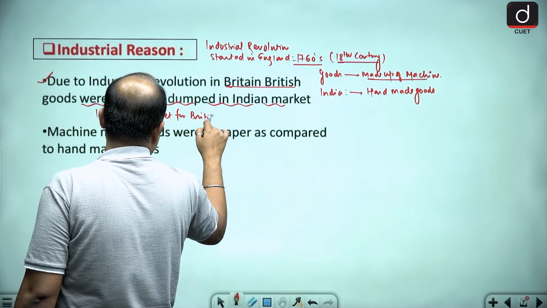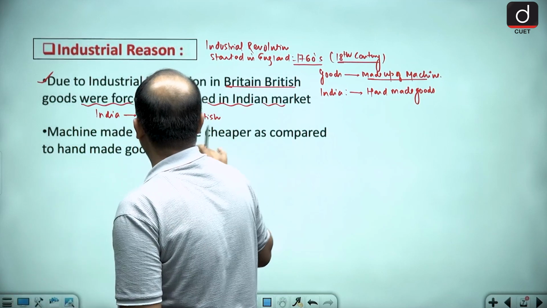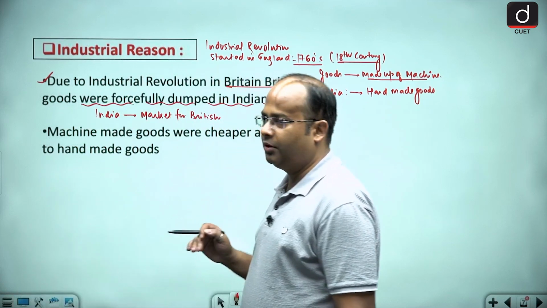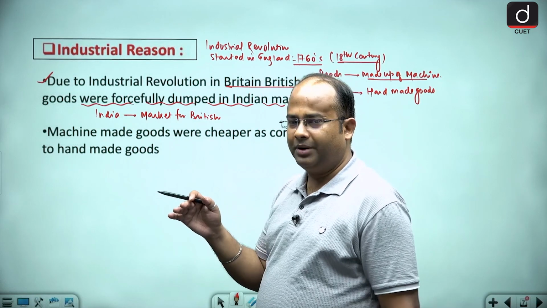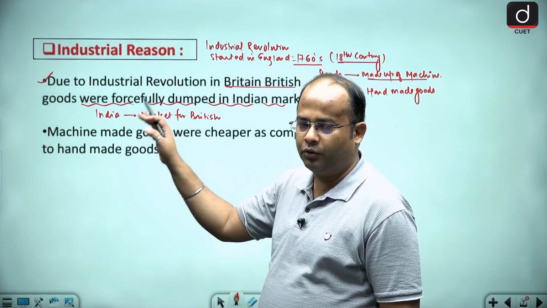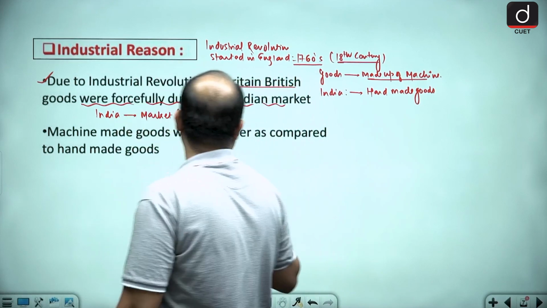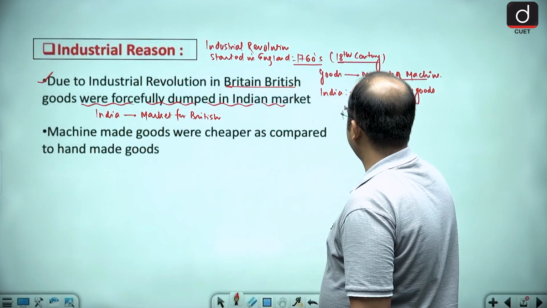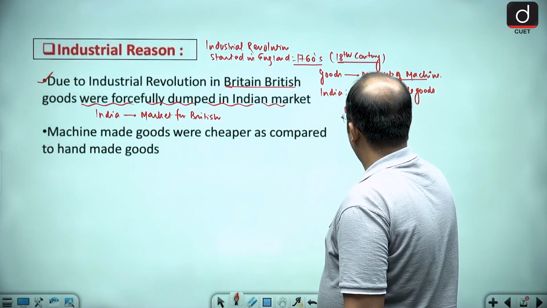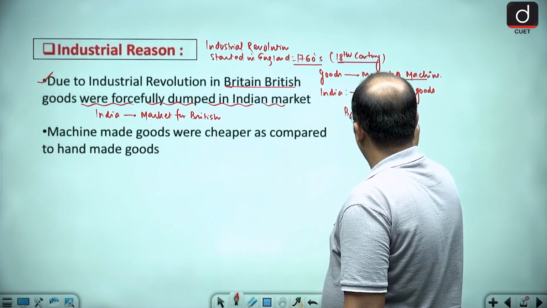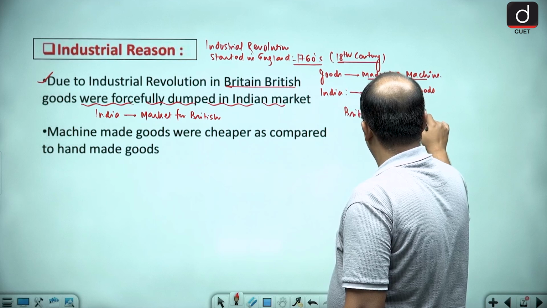Whatever the British manufactured during the Industrial Revolution was forcefully dumped in Indian markets. British goods were machine made.